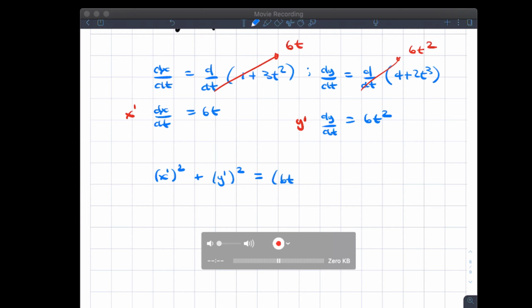So I get 6t squared, and 6t squared squared, which is 36t squared plus 36t to the 4th here. And, of course, we need the square root of these.